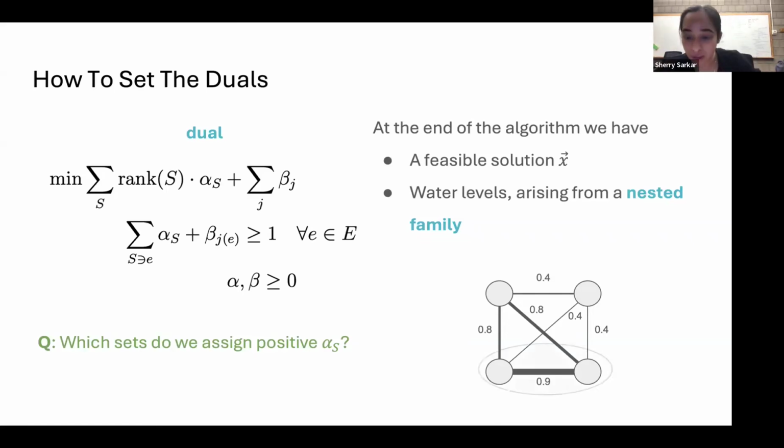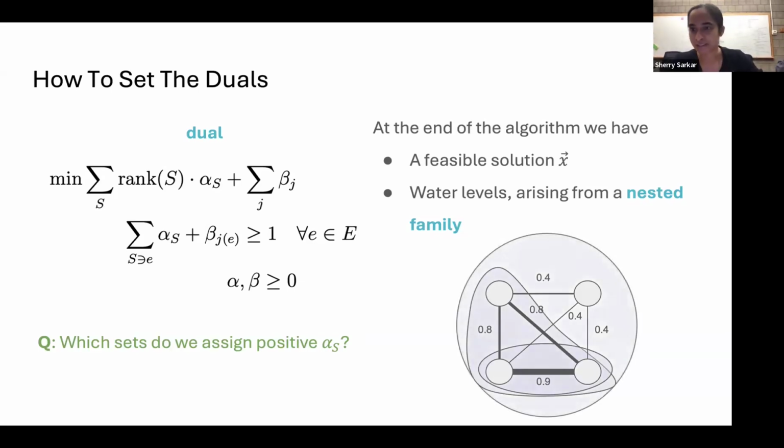And this is exactly just the combinatorial decomposition I had before. This set comes first, then this set comes next, and then this next set is last. It's the level sets of the water levels. That's our nested family. And these are precisely the sets that we're going to assign positive alpha value to.